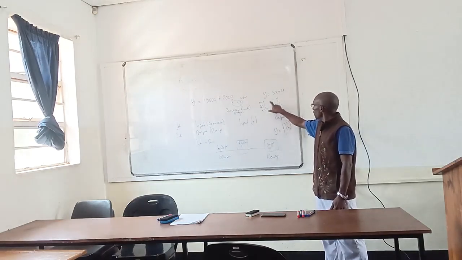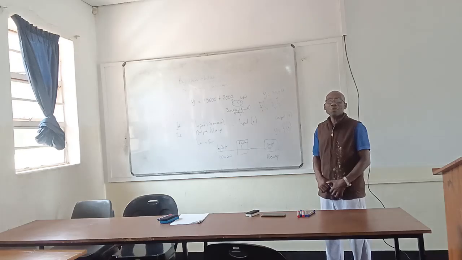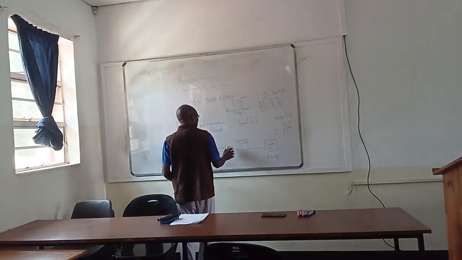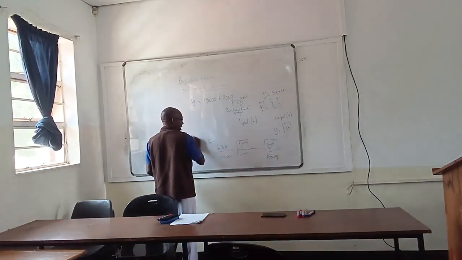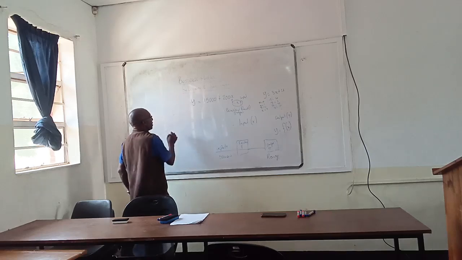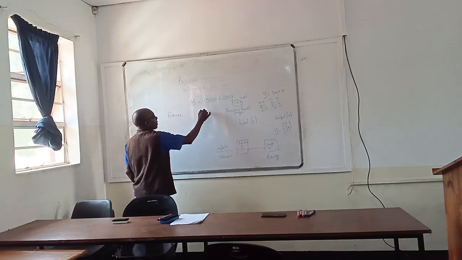When x is 2, 3 times 2, that's why the issue of range and domain comes in. When you were in secondary school, before you came here, I still remember you had something like range and domain.